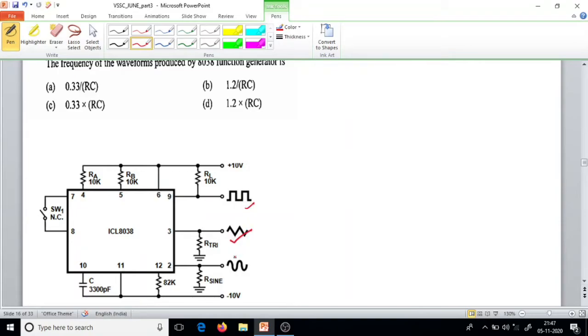The frequency can be set using these two resistors RA, RB and this capacitor. Using these three, we can set the frequency. So frequency is given as 0.33 divided by RC. Using this equation, you can set the frequency of this function generator.